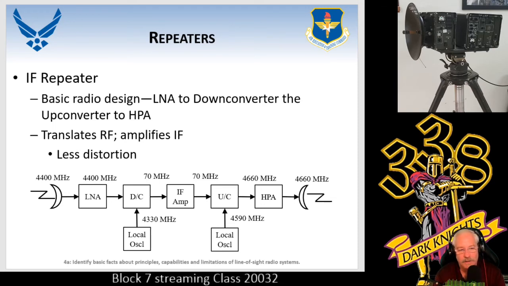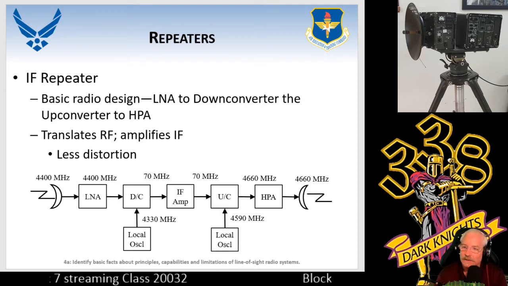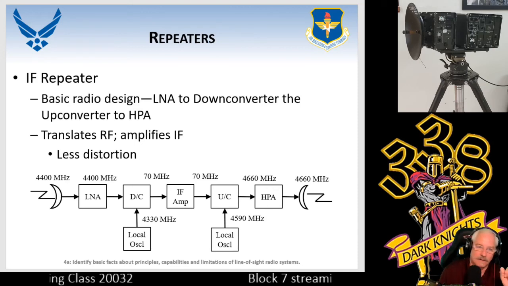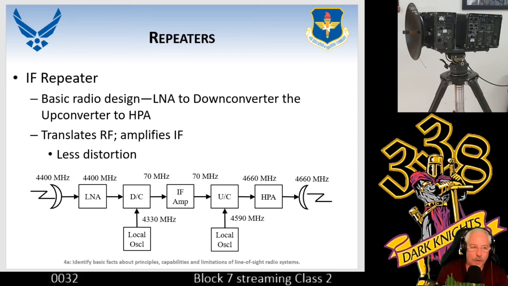And then we're going to up convert it to the frequency translated, different frequency than it was received, get amplified again, and then send it out to the distant end. So it met the 2 requirements of frequency translation and amplification. The difference is we broke it down to the IF side so we can clean some of the noise out of it. So it's a lot better than our RF repeater.